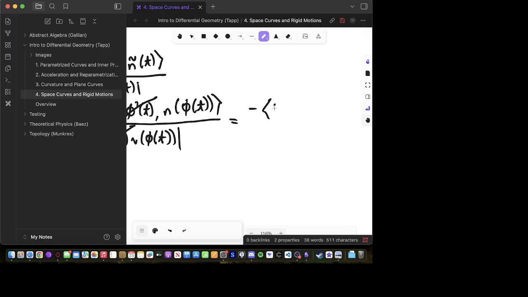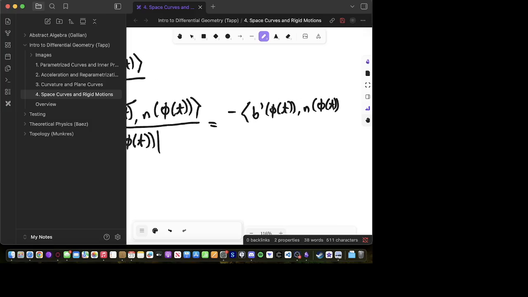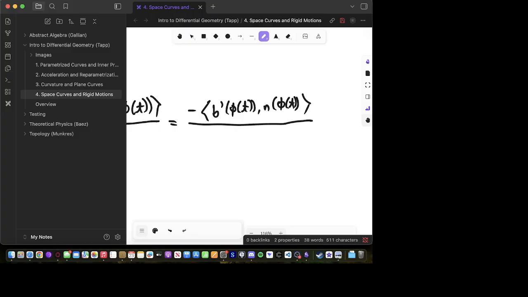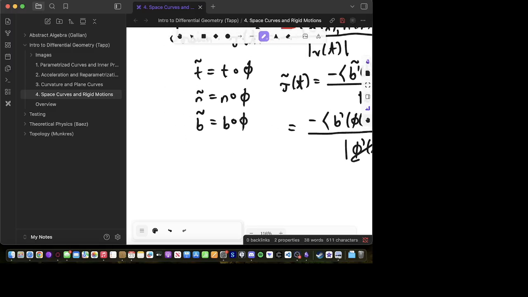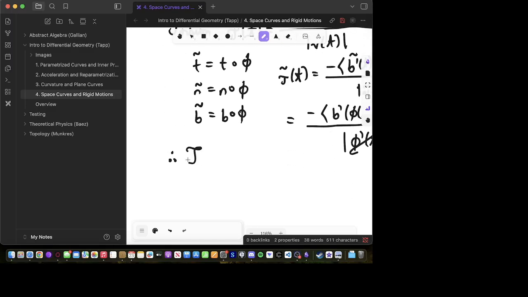So we end up getting a formula that looks a little something like this, which is just the torsion of phi of t. Therefore, torsion is independent of a parametrization.